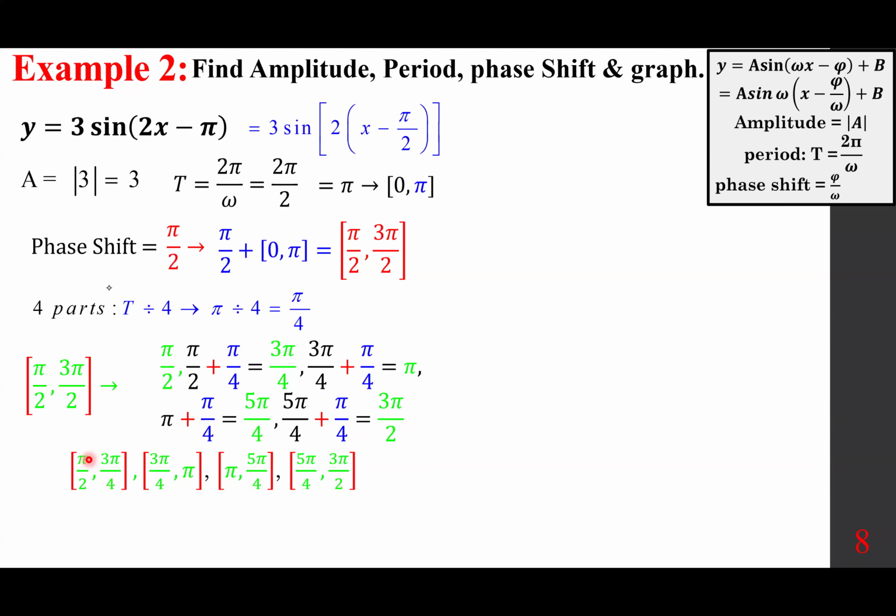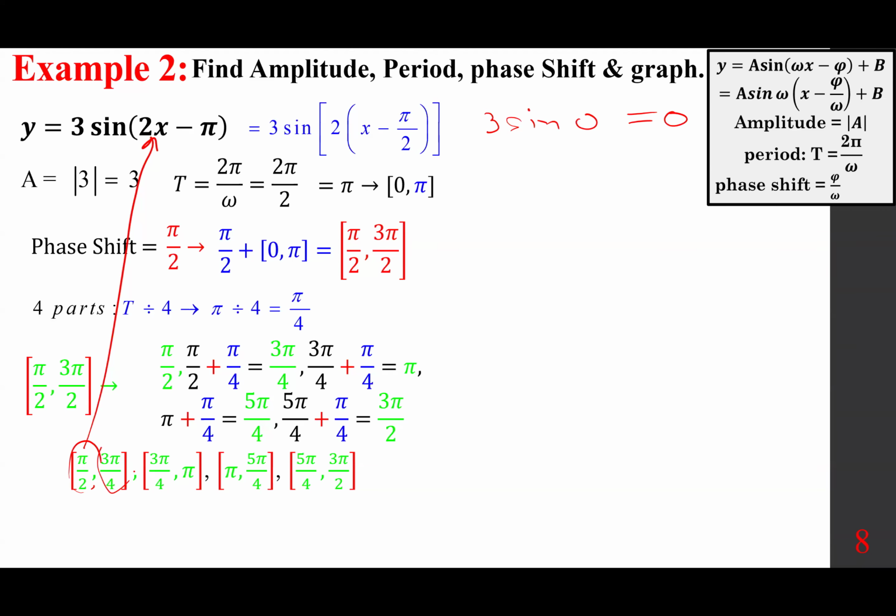We're going to make up the key points as follows. So plug in pi over 2 here. I want to show you how easy it is. If I put pi over 2 here, I get 3 sine of, okay, 2 times pi over 2 is pi, minus pi is 0, and that is 0.